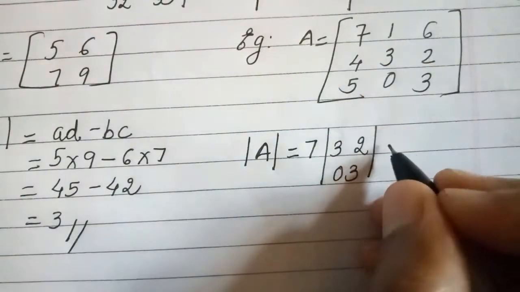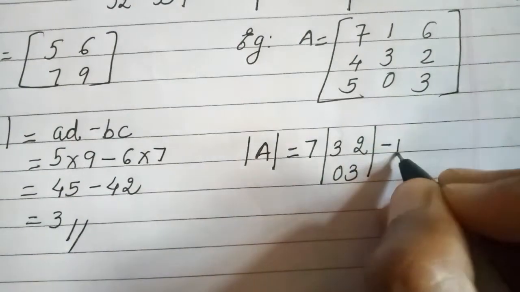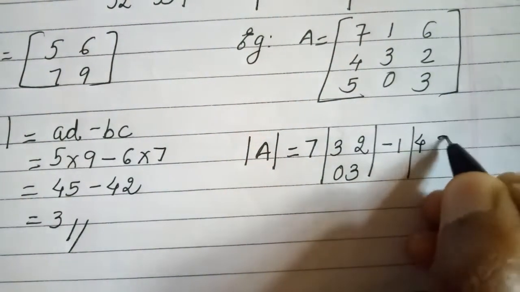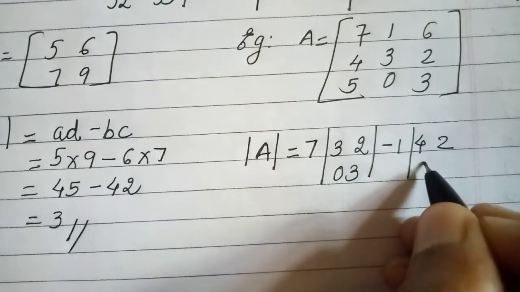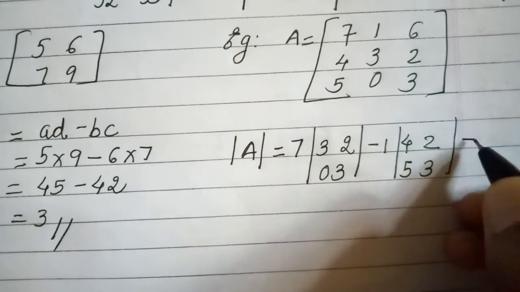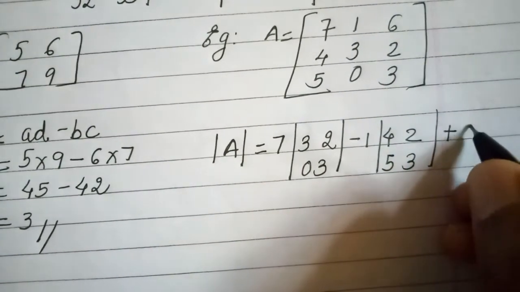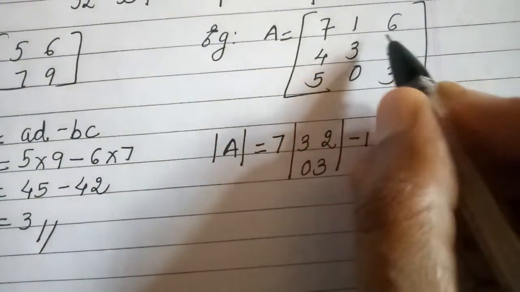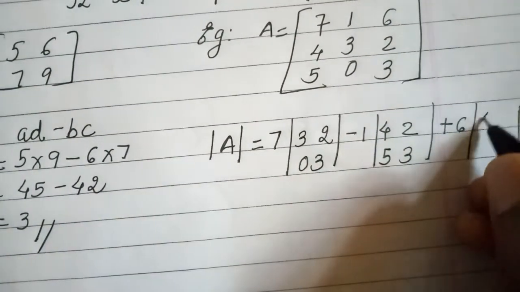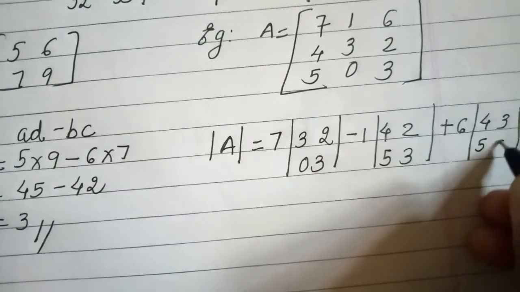The second position is odd, so I'll put a minus sign. The element is 1. Now delete the row, delete the column. So what remains is 4, 2, 5, 3. Yes. In the first row, the third position is positive, so the third element is 6. Now delete the row and the column in which 6 is there. So what remains? 4, 3, 5, 0.